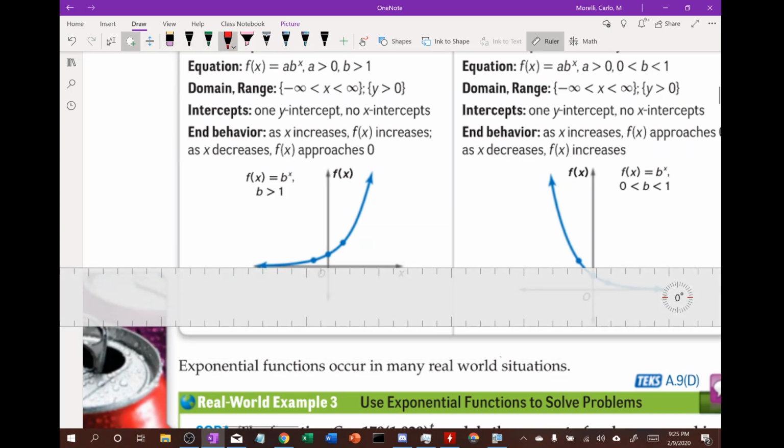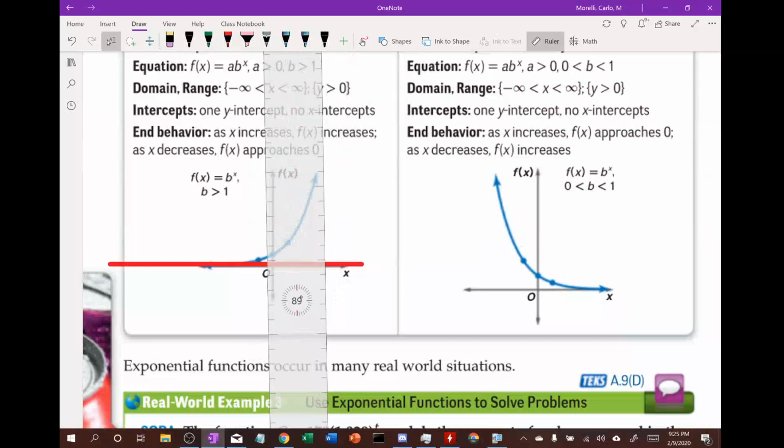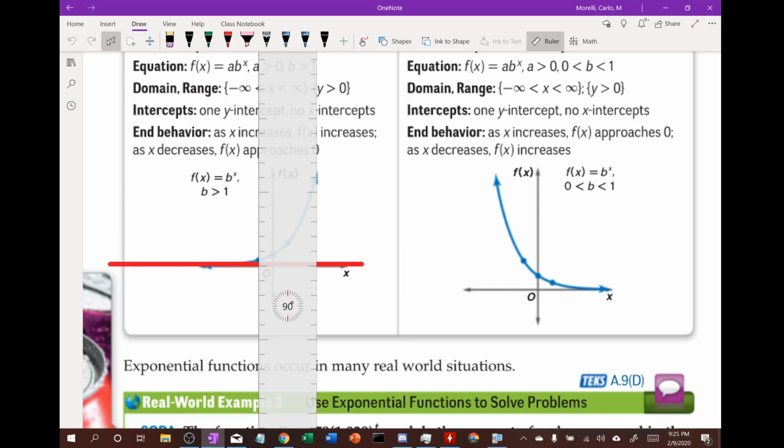So right here, I see an asymptote right here. Okay. So the graph never goes below that line. It approaches it, but never goes below it. Now, what confuses students is they think that this vertical line is an asymptote. But check this out.